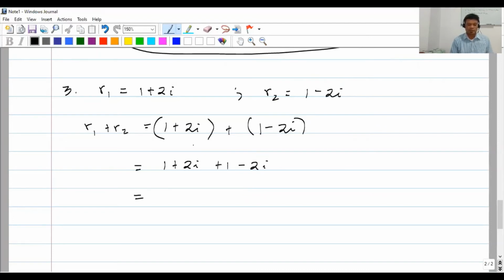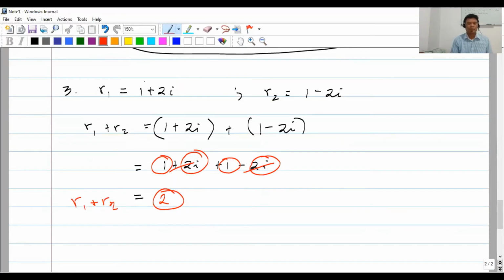So our 2i here has opposite signs, so we can cancel these terms. And then what is left is 1 plus 1, which is equal to 2. So the sum of our roots is 2.